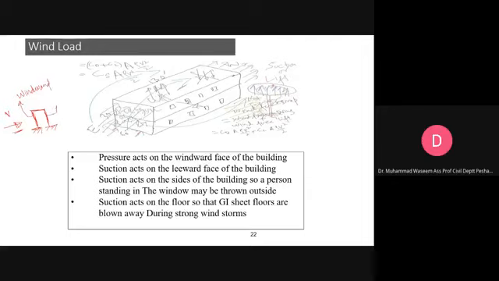This direction we call the leeward side. On the windward side you will have some push due to the wind, or we will say that over here you will have pressure on the building. To this side of the building you will have suction.